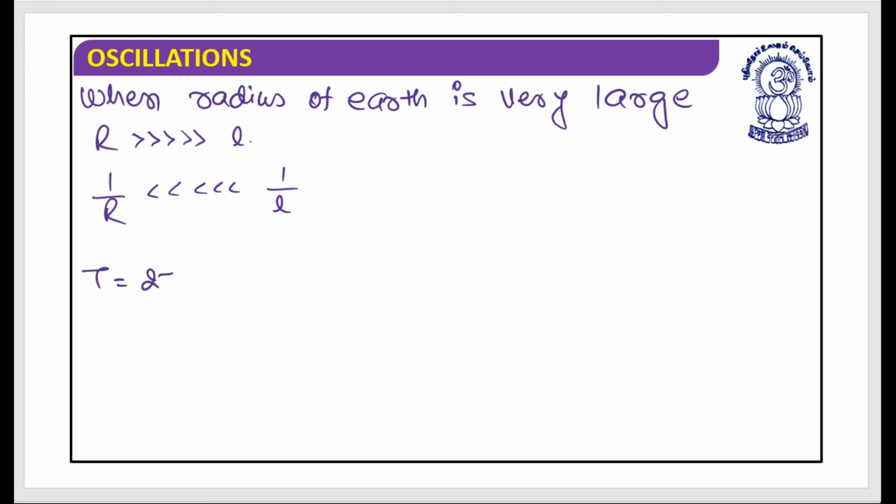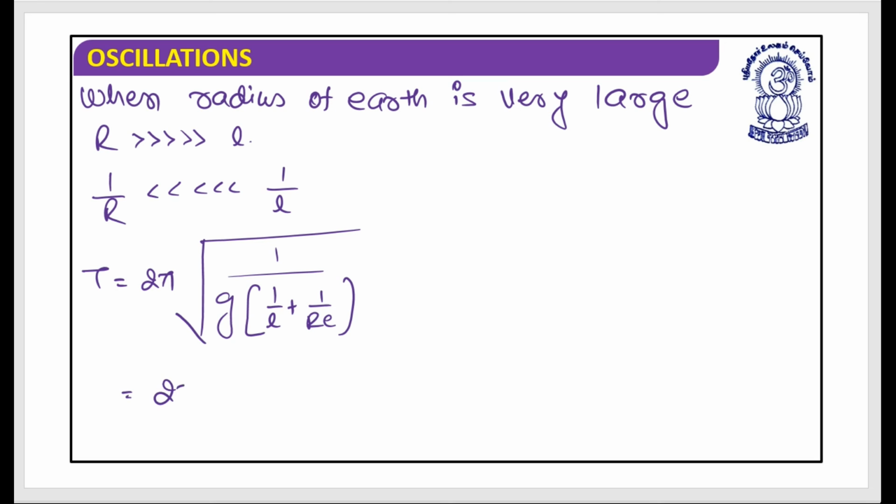My standard relation is T equals 2 pi under root of 1 by g into bracket 1 by l plus 1 by Re. As the radius of the earth is very large, this gives T equals 2 pi under root of l by g, as 1 by R tends to 0. This is the second case.